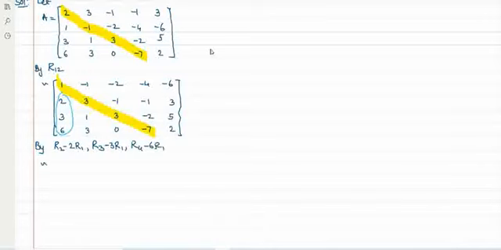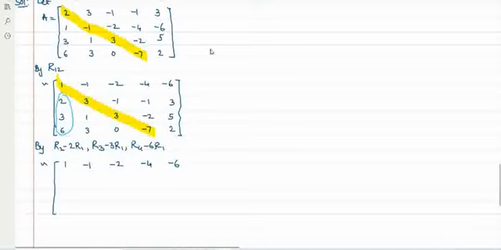So the new matrix changes for the second, third and fourth rows. First row no change: 1, -1, -2, -4 and -6. Multiply this row by 2 and their subtraction.